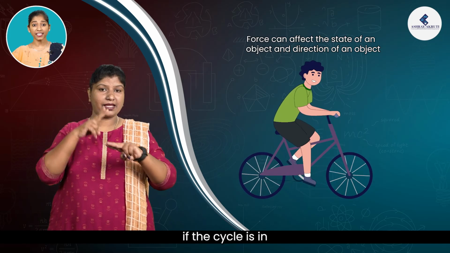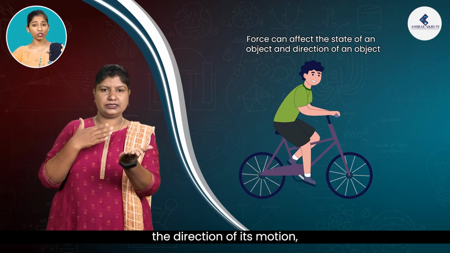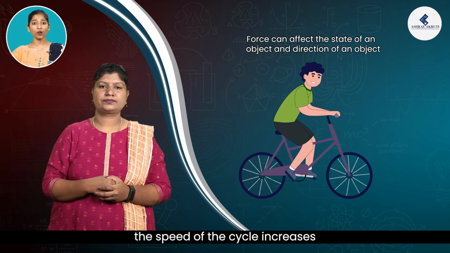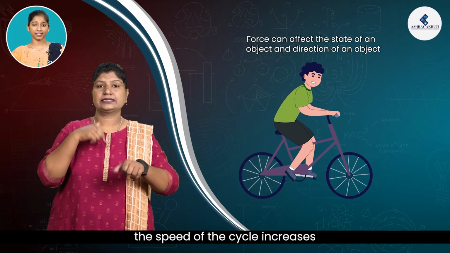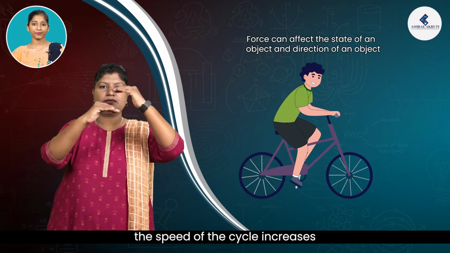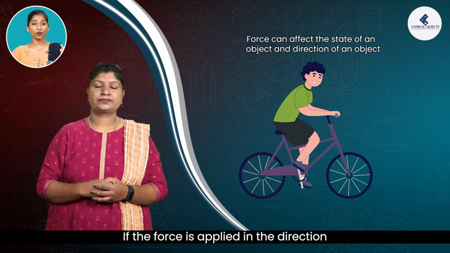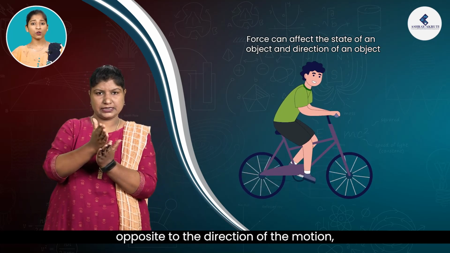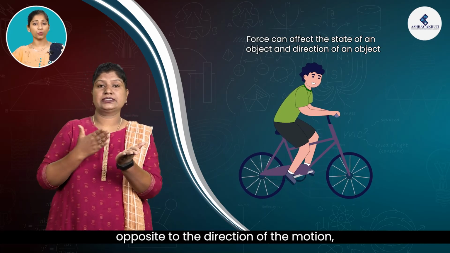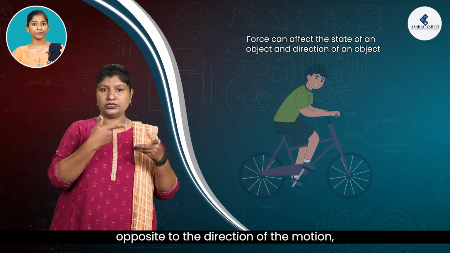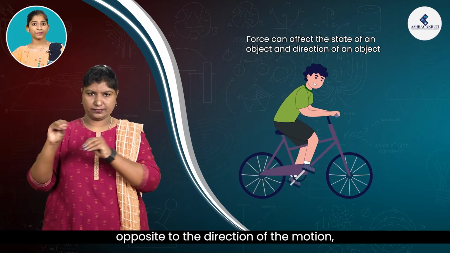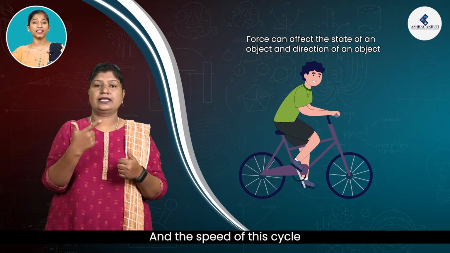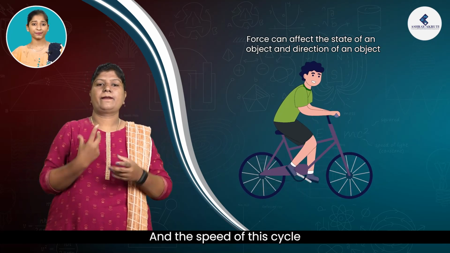If the force is applied in the direction of its motion, the speed of the cycle increases. If the force is applied in the direction opposite to the direction of the motion, then it results in a decrease in the speed of the cycle.